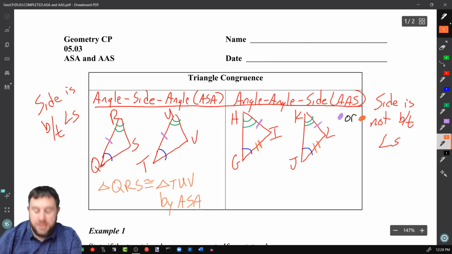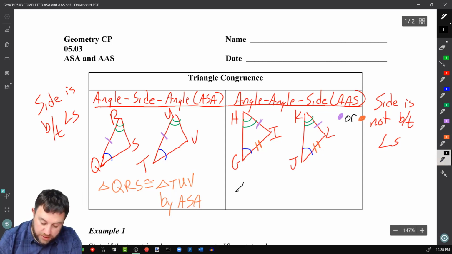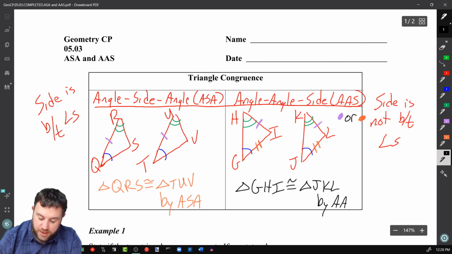And it's kind of hard to tell the difference between the orange and the red. So sorry about that. But by having that, either of those methods would show us that triangle GHI is congruent to triangle JKL by the angle, angle, side method.